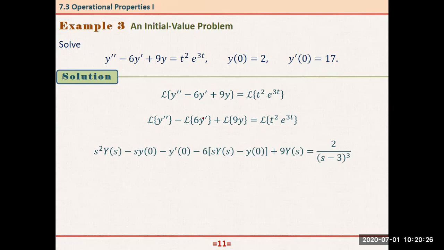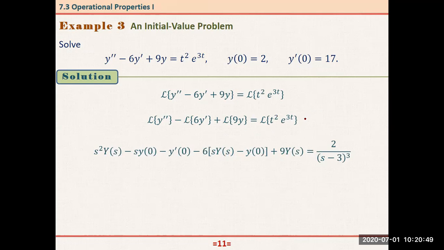Minus 6. How about here? Here we have y prime, right? So we start with s times capital Y of s minus y of 0, because the power of this s is decreasing. Anyway, plus, how about this? Take this 9 out, and Laplace transform of y is equal to capital Y of s. And on the right hand side, now we are familiar with this.